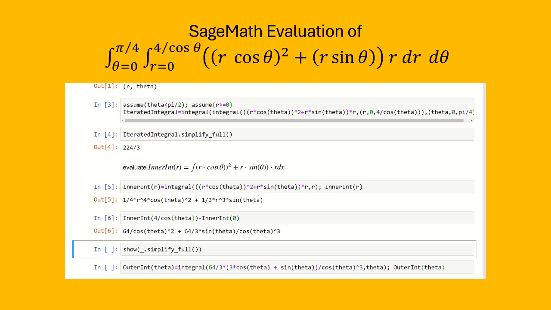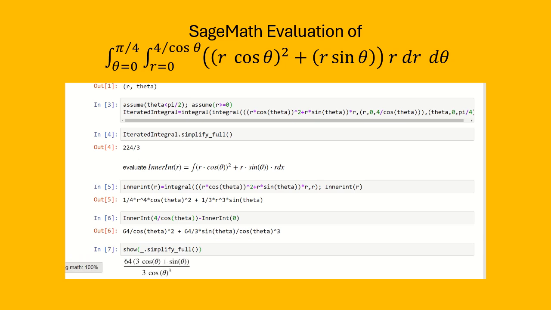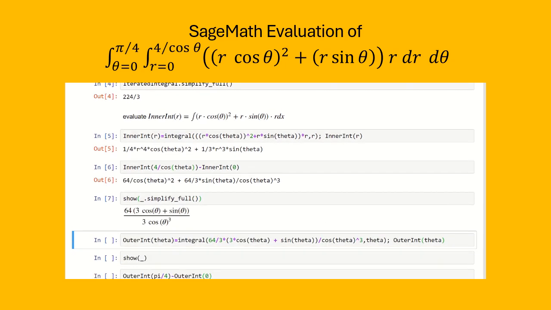And it turns out to be all of this stuff: 64 divided by cosine theta squared plus 64/3 sine of theta divided by cosine of theta cubed. Let's simplify that and see what we get. Well, it didn't simplify too much, did it? So we have this as the value of that inner definite integral.